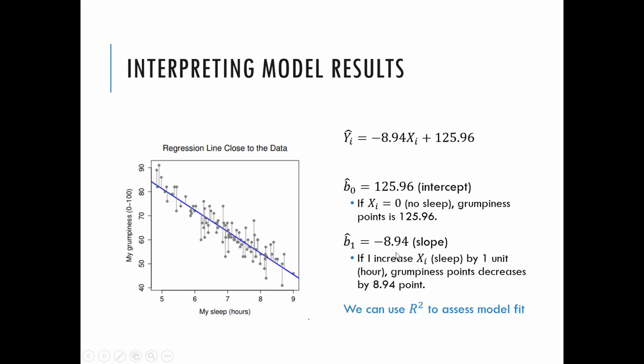And in this case, it decreases by 8.94 points. So for every additional hour of sleep that the author gets, her grumpiness points decrease by 8.94 points. And just a note, when we output model results, it will give us a capital R squared, and we can use that to assess model fit. For simple regression, the capital R squared is the same as our coefficient of determination.